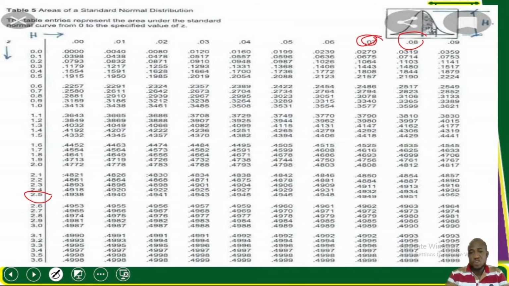So we are going to search below the two values, and the correspondence of the two values can be traced from here. We have the first one under 0.07 to be 0.4949. Under 0.08, we have 0.4951.